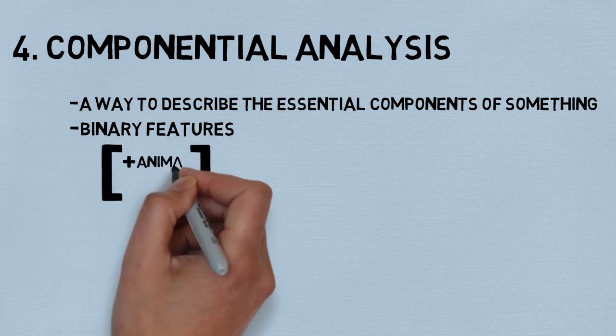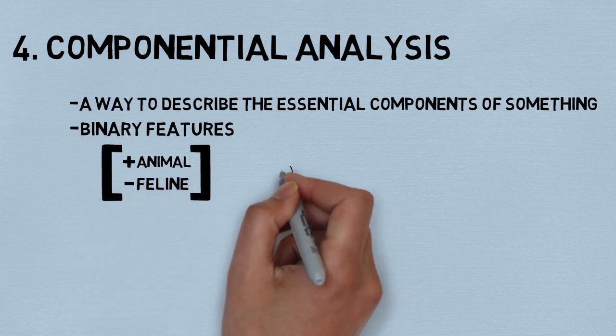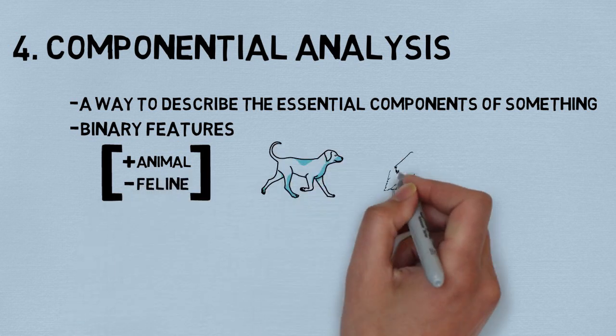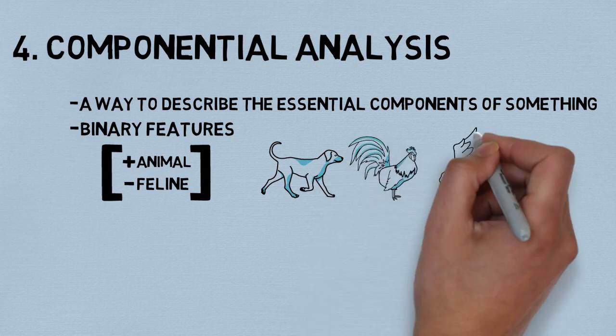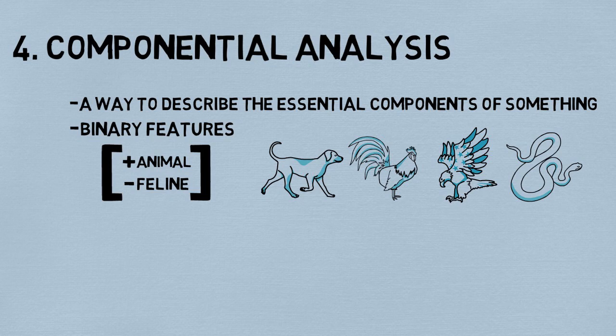Something like the object is plus animal minus feline. This would tell us that a word is an animal and is not a feline. Alone, this componential analysis would denote the set of every single animal except cats, both domestic and wild.